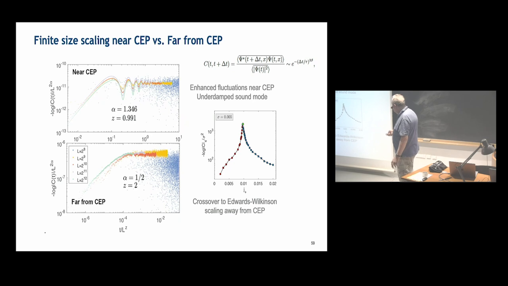If you go closer to the exceptional point, the scaling of this order parameter, so this is divided by the noise, becomes much larger, right? So there's a real spike here, which is big. Okay, and if you measure just in the vicinity of here, you see a very different set of exponents. You see a z of order 1 and an alpha of 1.3 or so.